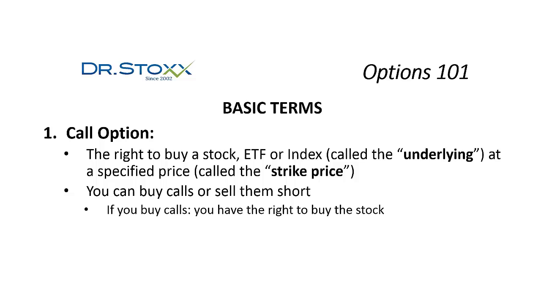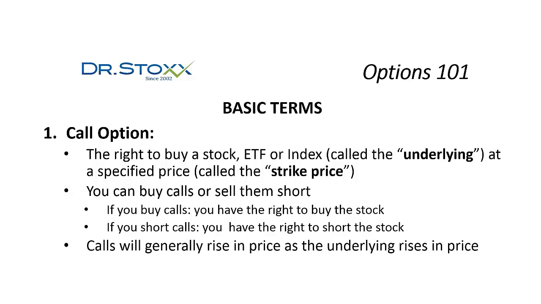If you buy calls, you have the right to buy the stock at that specified strike price on the date of expiration, and we'll talk about that in just a moment. If you short calls, however, you have the right to short the stock at that price on the expiration date. Calls will generally rise in price as the underlying rises in price, and one call is equal to 100 shares of stock, which means that they're a very leveraged instrument.